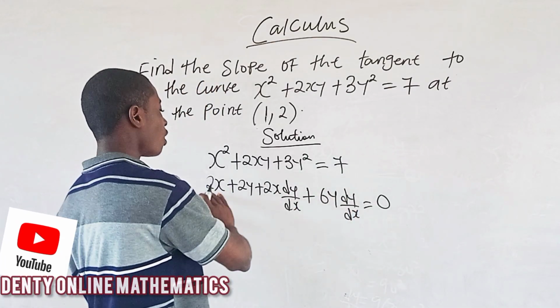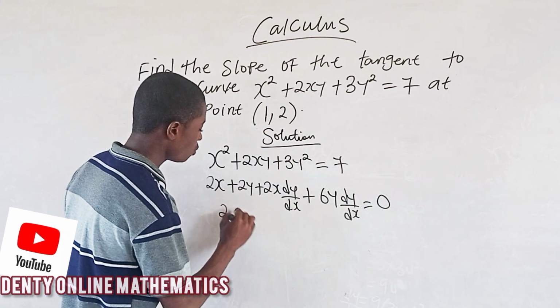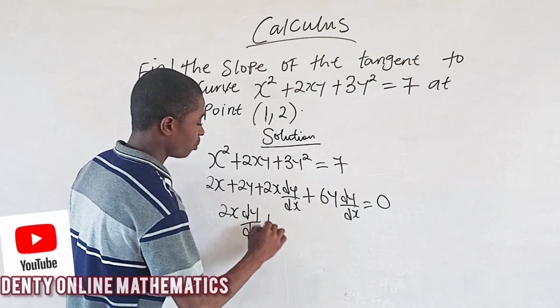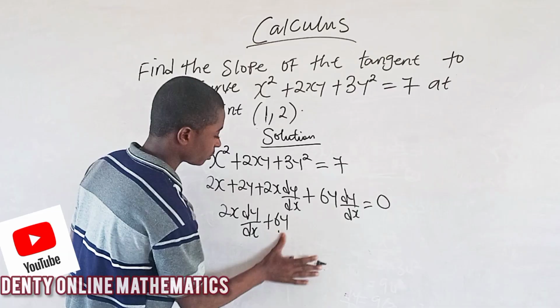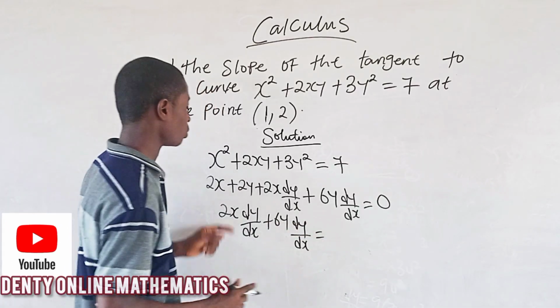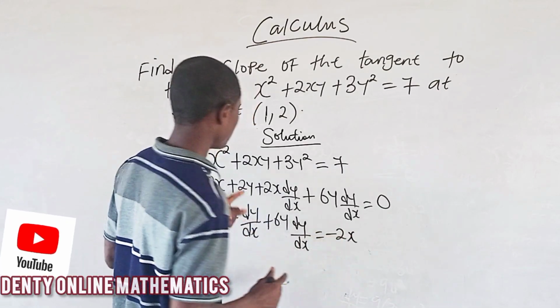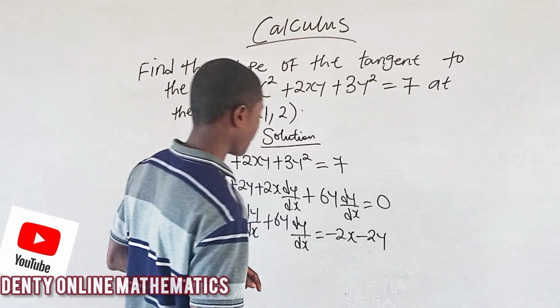So we are going to move all of this to the other side of the equation. This will give us 2x dy over dx plus 6y dy over dx is equal to, if 2x crosses over, we're going to have negative 2x, and if positive 2y crosses over, we're going to have negative 2y.